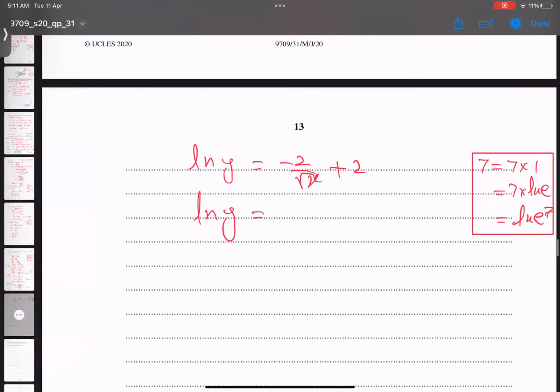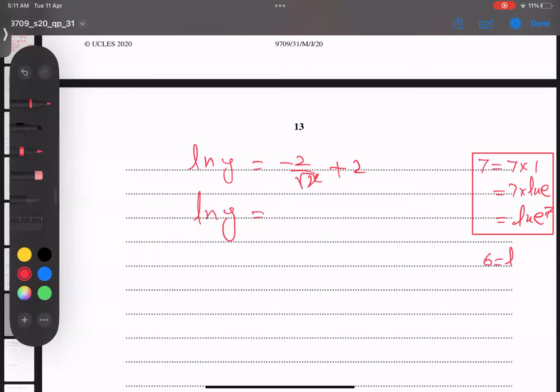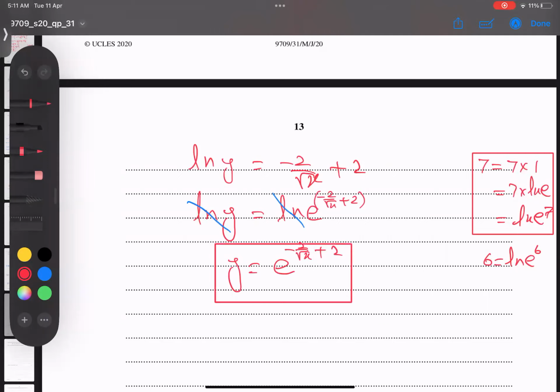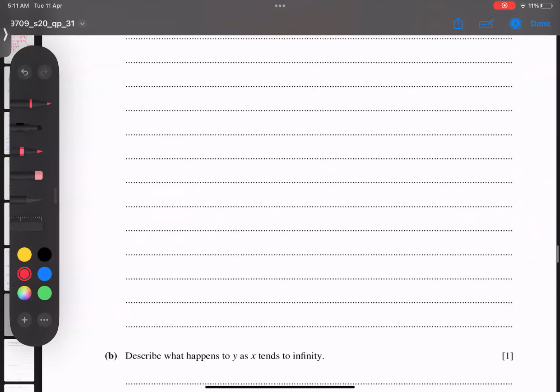So this is a way. It means 6, we can write as ln e to the power 6. And in the same way, this whole thing we can write as ln e to the power (-2 over root x plus 2) in a bracket. Now log cancels out from both sides. So this is our final form which he was asking us. So that's it, and let's go for the next question.